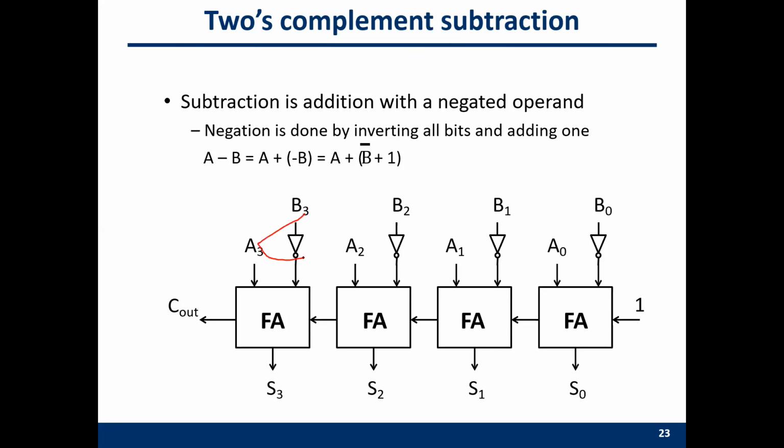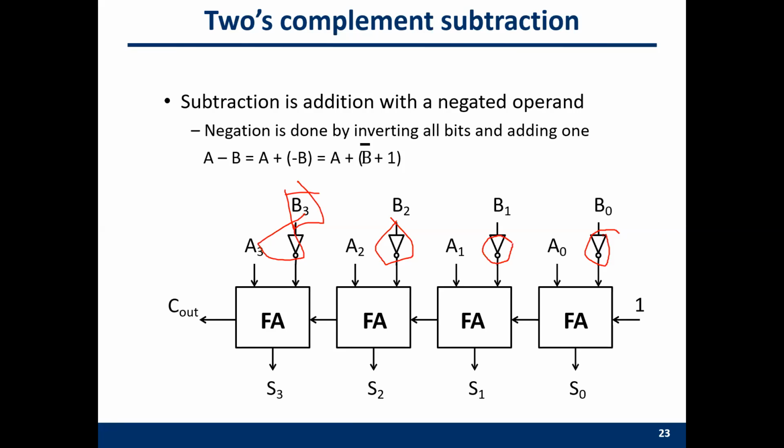We need to add some extra circuits. For example, the NOT gate. We add a NOT gate for each bit of the second operand, which is B. All the bits of the second operand. What's the inverter for? The inverter is for the flip in the two's complement.